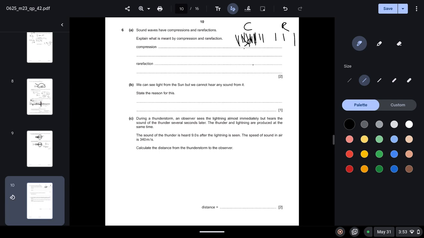So compression is the area where particles are closer together, and rarefaction is the region where particles are further apart.